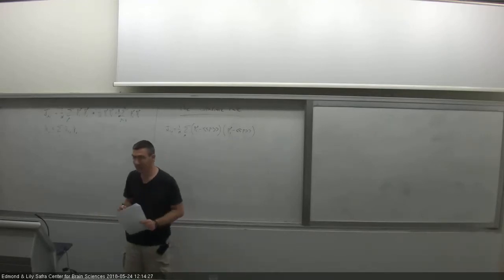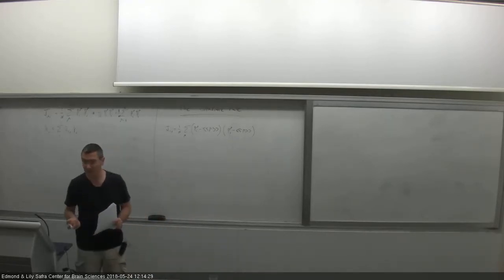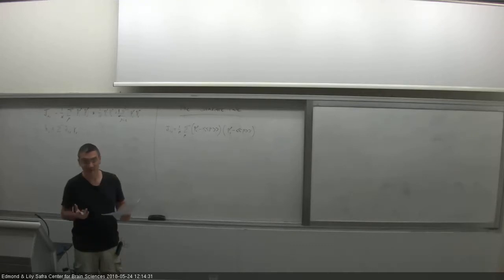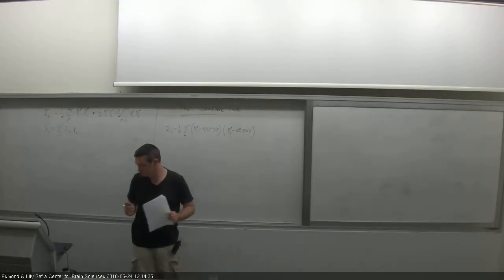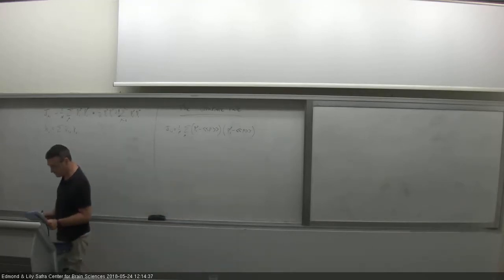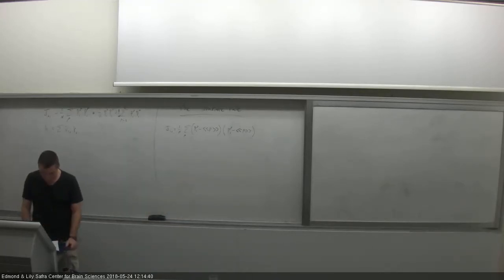Now we will consider a model in which neurons are either 1 or 0, which is perhaps biologically more plausible. Okay, questions? So let's do it.